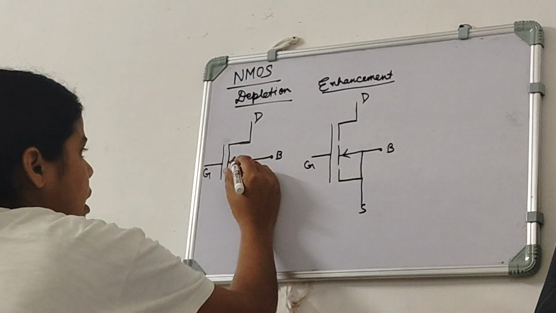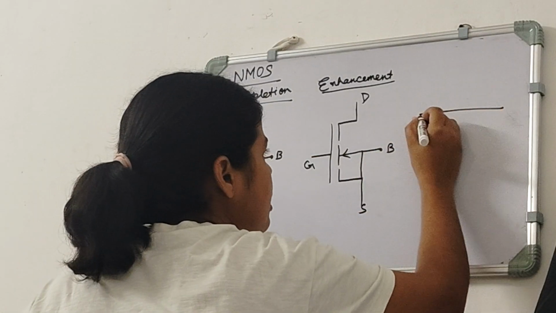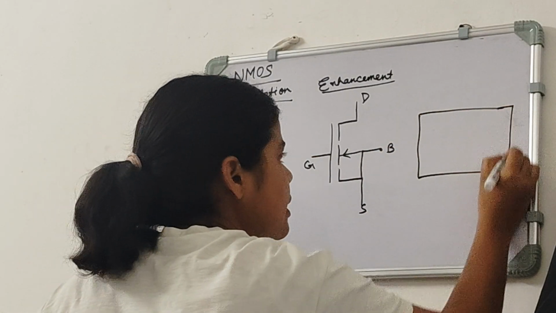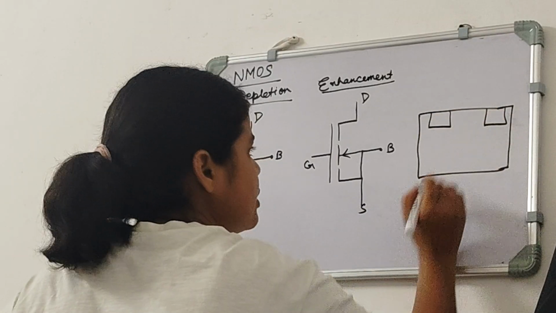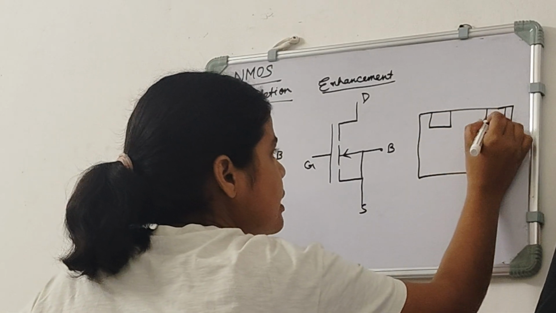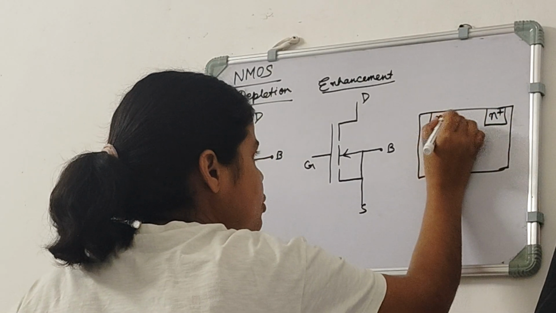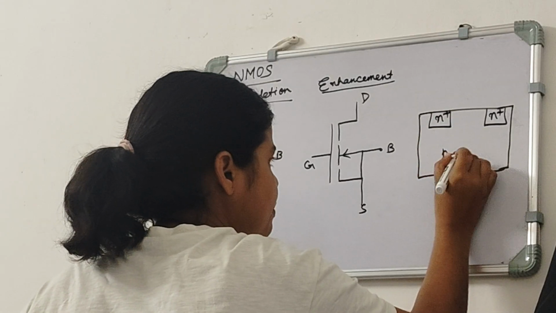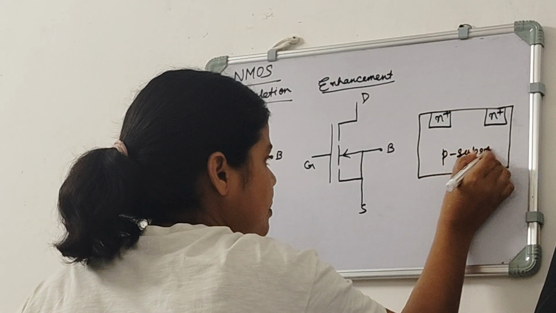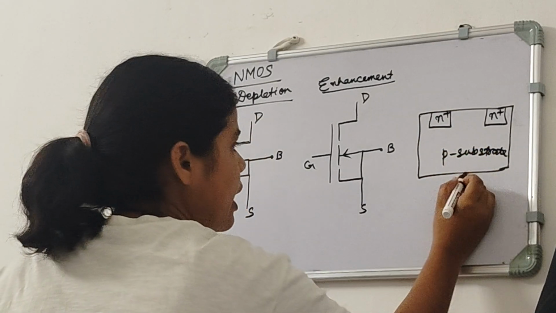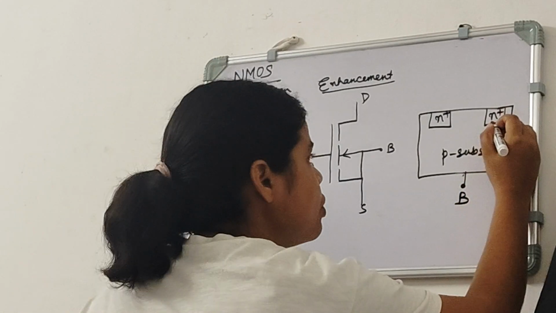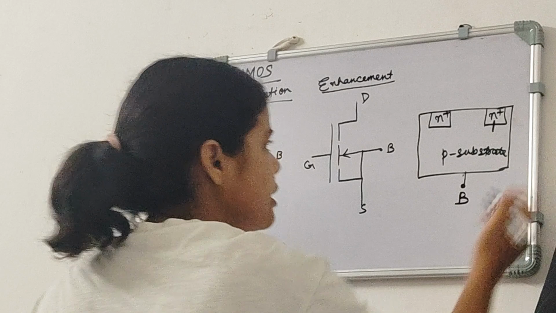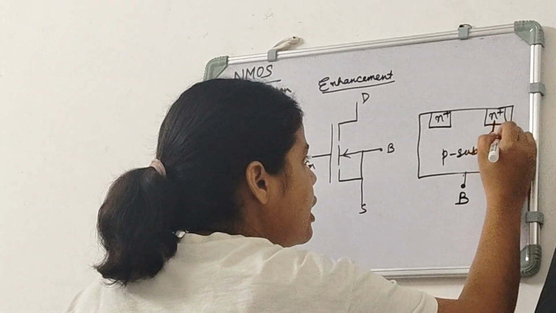And this arrow comes from here. If we see the N channel, then this is N, drain is N plus and source is N plus and substrate is P. Substrate. And here we have the body terminal. So if we see the imaginary diode here, it will be like this.